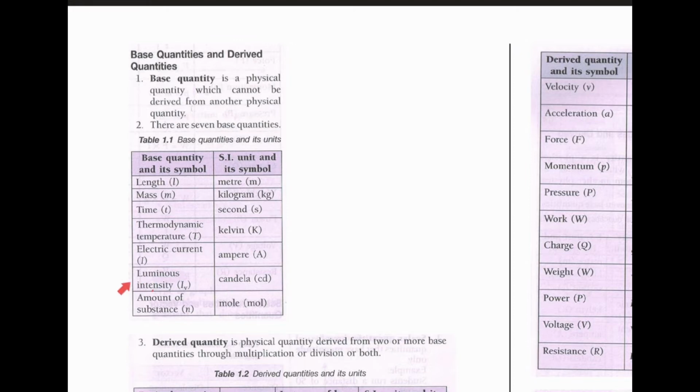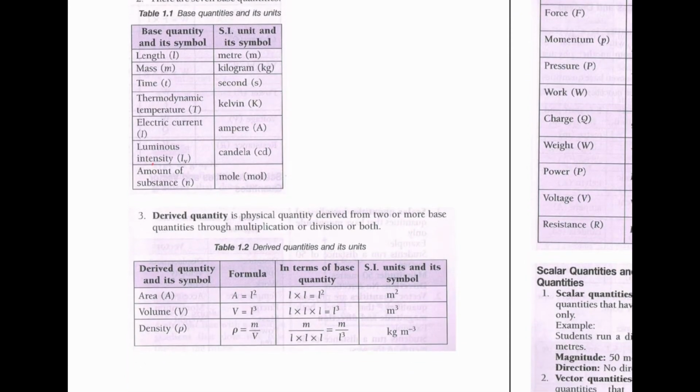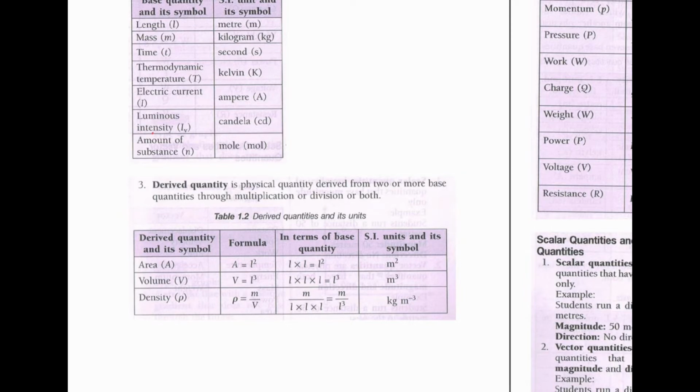Intensity means the brightness of light, for example. The amount of substance is more to chemistry. This is mole. So these are the 7 base quantities. Now we look at derived quantities. Physical quantities derived from 2 or more base quantities through multiplication or division or both.